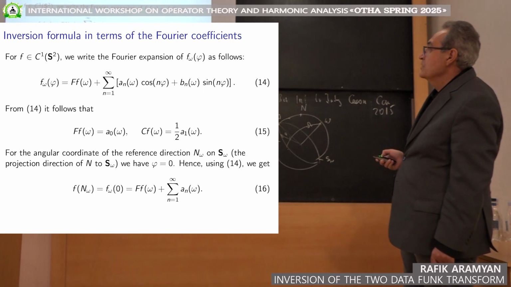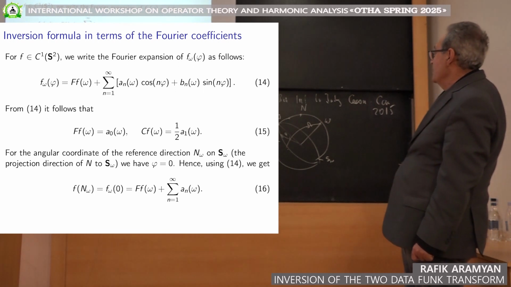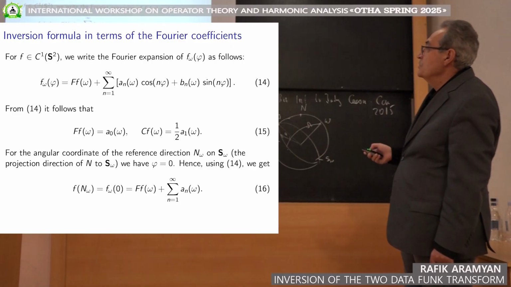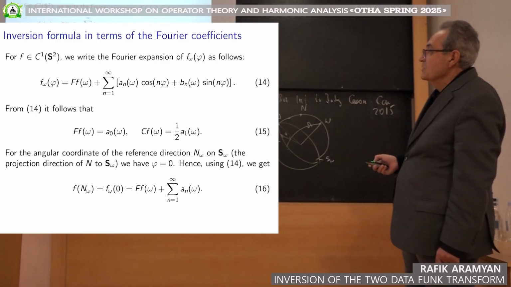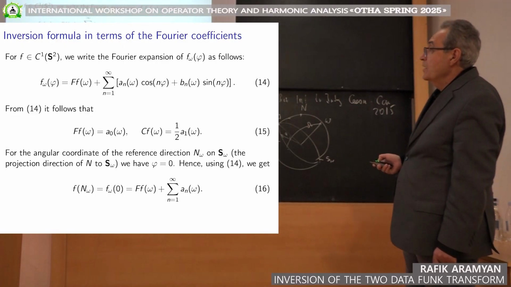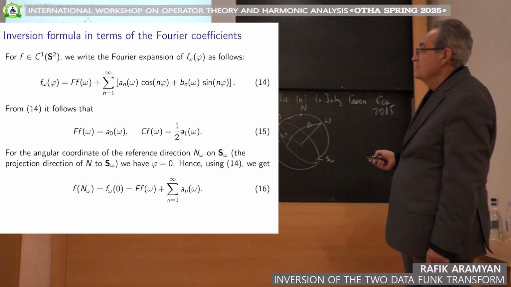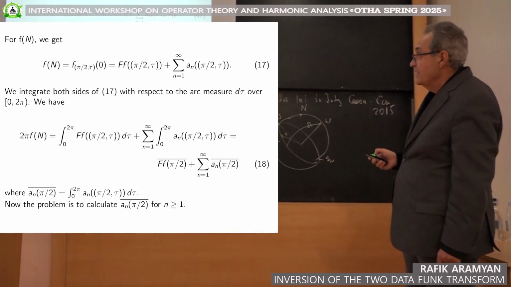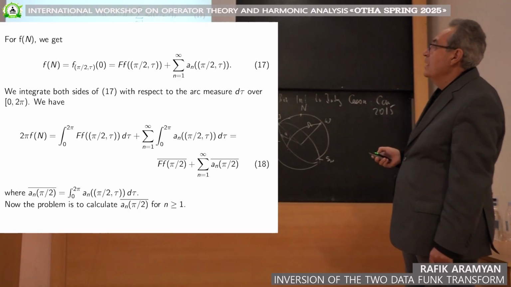For the angular coordinate of the reference direction n omega, of course, we have phi equals 0, and substituting into this expression, we get the following expression for f n omega. So f n omega is the sum of the following series. And for the North Pole, we will have this expression.